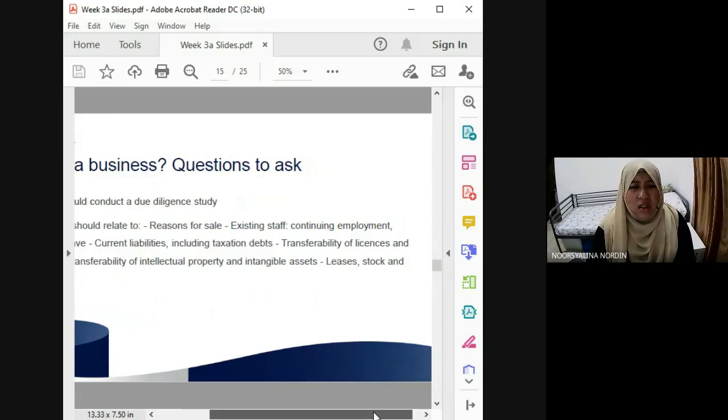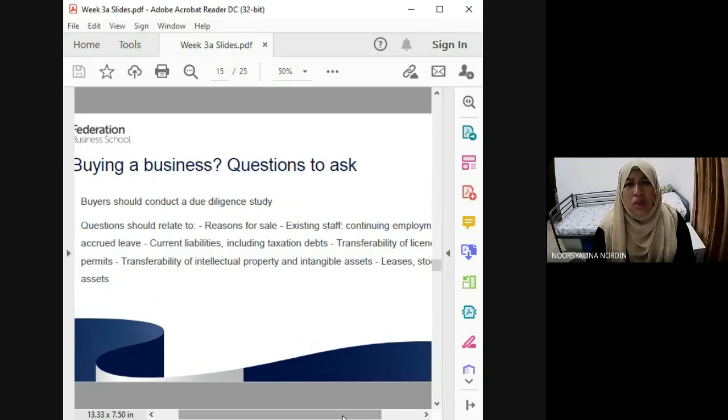And the transferability of licenses and permits. So you have to go back to the municipal or maybe the registrar in order to apply again to continue the business. So this is with regard to the permits and licenses.